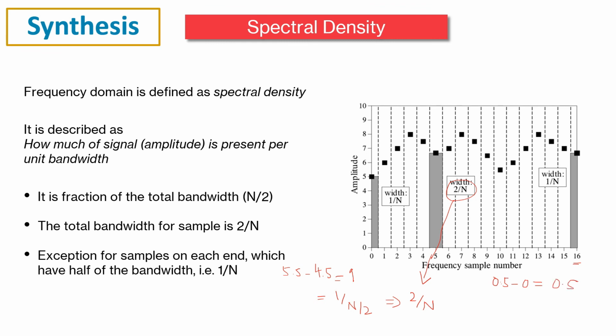We represent it as a fraction of the full bandwidth, 1 over 2 divided by n over 2. The 2 cancels out and we are left with 1 over n, which is this one. The same goes for the last point.